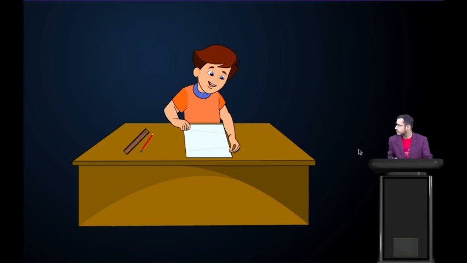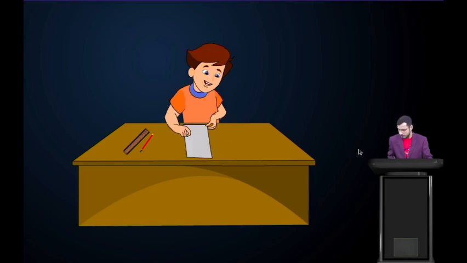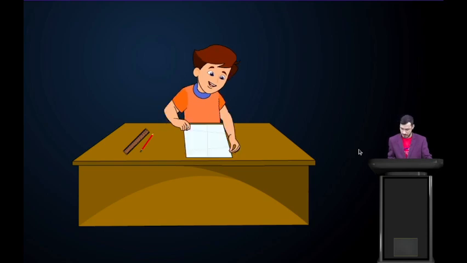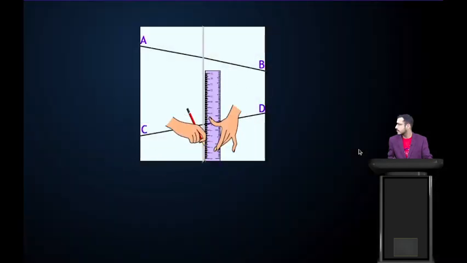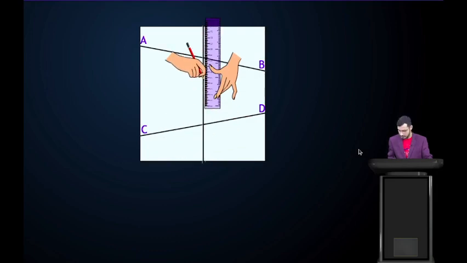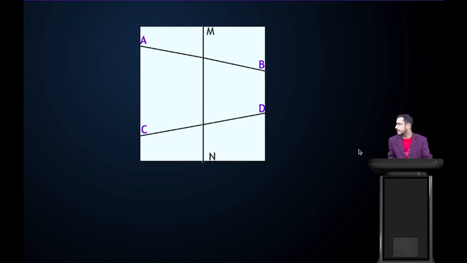Again, they folded the paper and formed one more line. So AB and CD and one more line, that is line MN. You can see line MN intersects AB at point P, and line MN intersects CD at point Q.